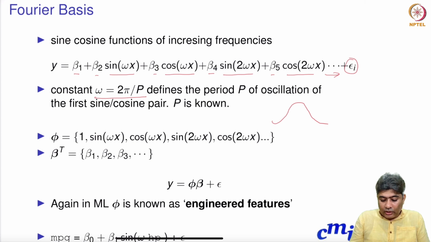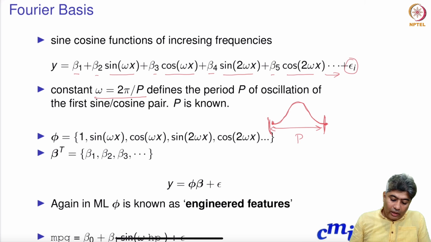Suppose this is where a period starts and this is where a period stops. So this period is our p. It defines the period p of oscillation of the first sine cosine pair, and p is known. We are assuming p is known, otherwise an unknown p will create some problem.